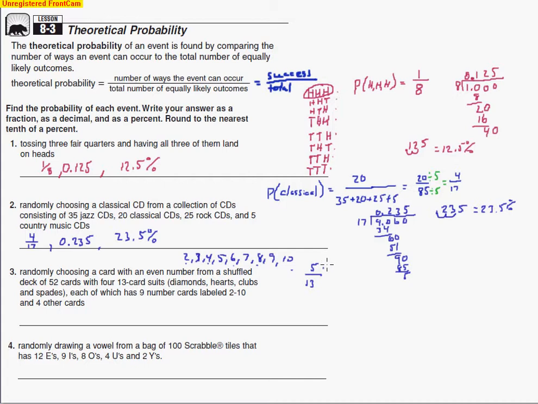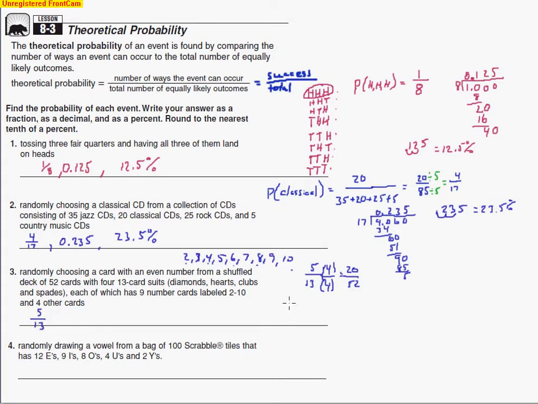Let's say, because there's 4 suits, let's multiply this number by 4, and we end up with 20, and again 4 over here because there's 4 suits total, and then we end up with 52. But you'll see that we'll end up reducing it right back to the 5/13 because there's that common factor of 4. And so we can just leave our answer as 5 over 13.